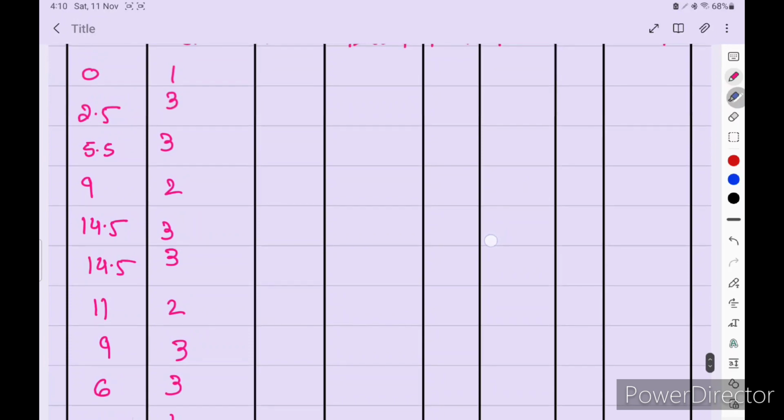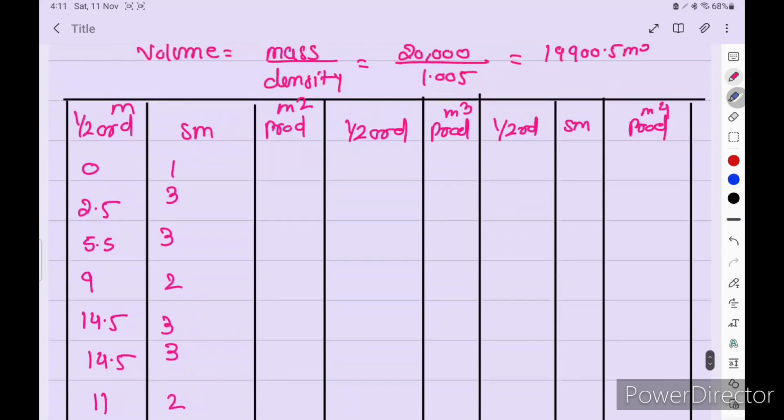Since we need to calculate only the BM transverse, I require M4, so we need not calculate all of this. Directly I am coming here.